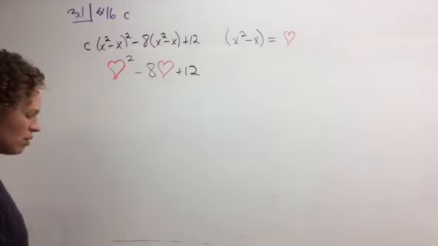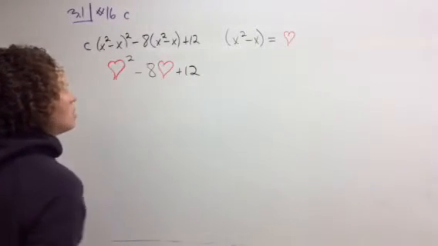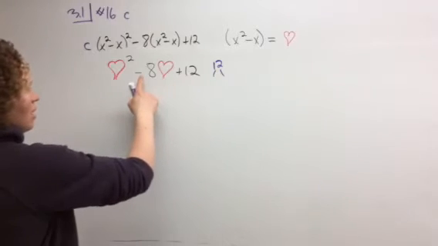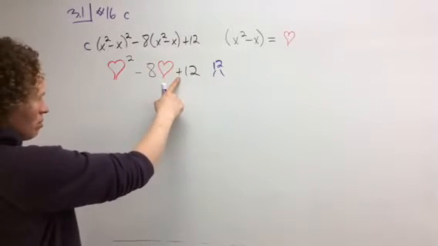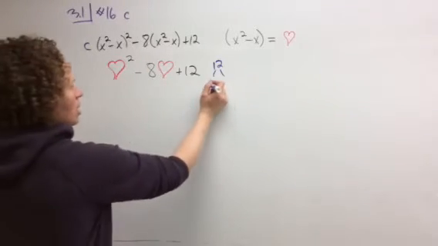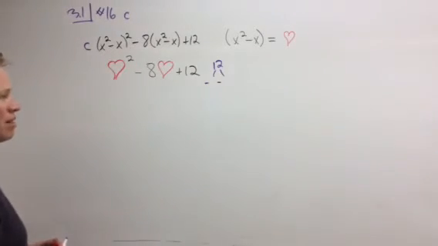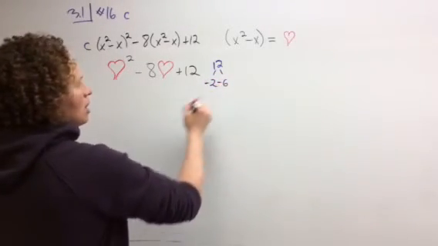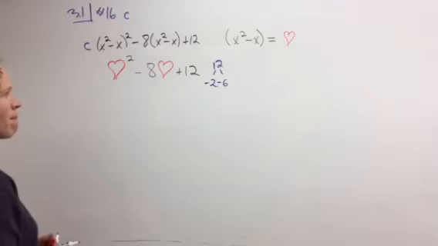Really all we have to do is find a number that multiplies to 12 and adds to negative 8. Because it adds to negative 8 and multiplies to positive 12, I know that I'm going to have negatives on both sides. And then I just go through the factors of 12, and it looks like negative 2 and negative 6 will work.